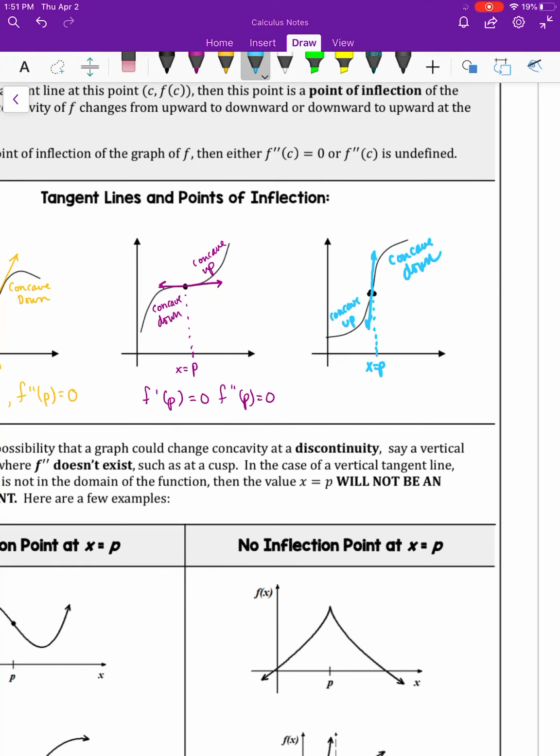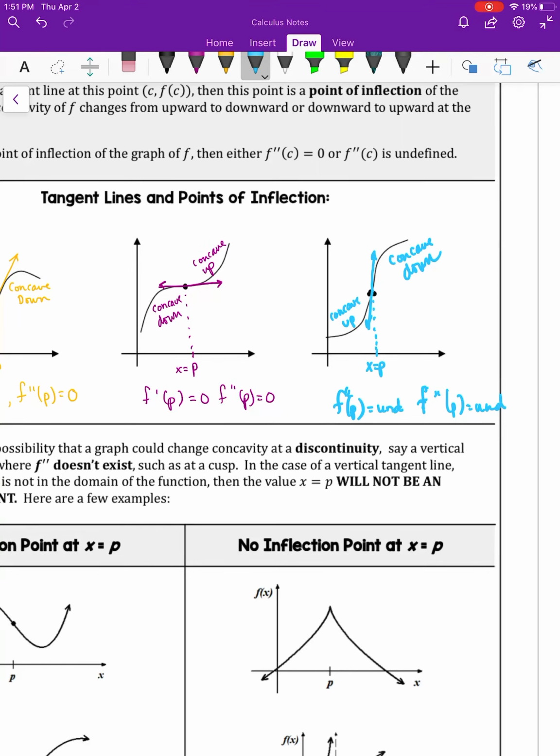It looks like a vertical tangent right there, although it's hard to draw. That would mean my first derivative would be undefined because it would be a vertical tangent. My second derivative would be undefined there also, but it would still be a point of inflection where your concavity changes.